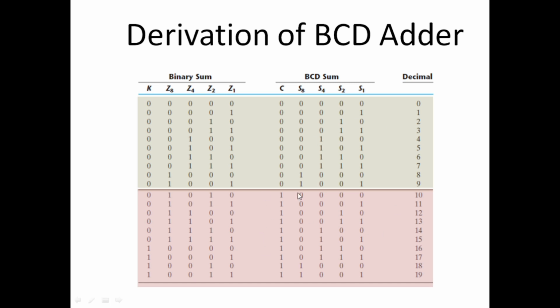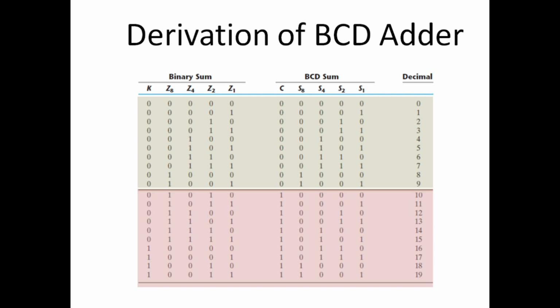So we cannot use the binary parallel adder exactly for all possible combinations. If we are lucky and the sum is from 0 to 9, then it would work correctly for the BCD adder. But if the sum is equal to 10 or above, then the binary sum is different than the BCD sum, and we cannot use the binary adder for the BCD sum.